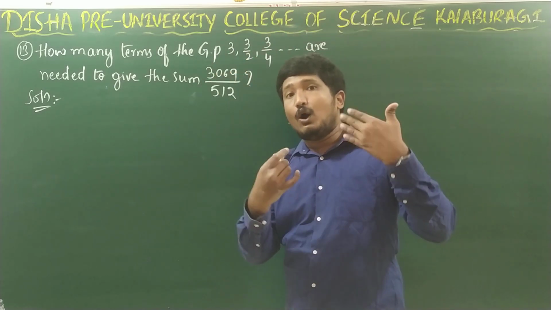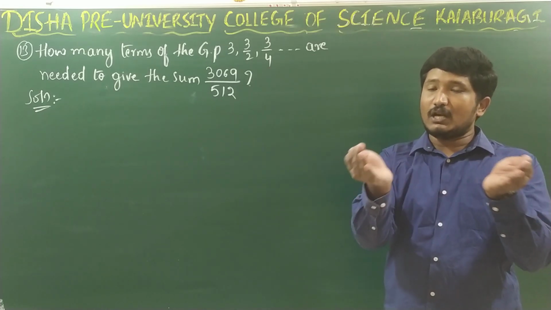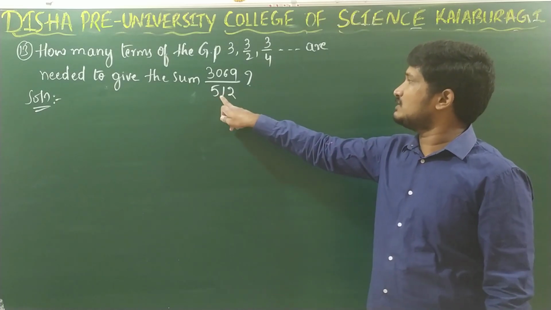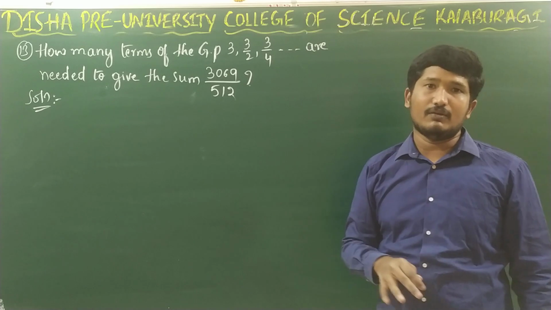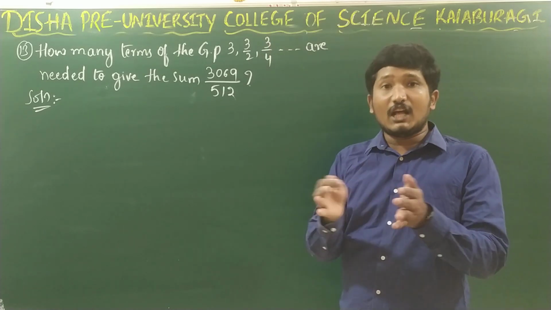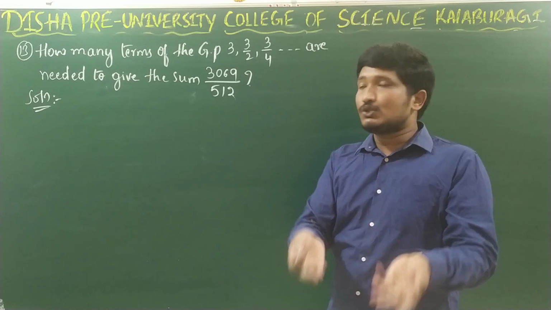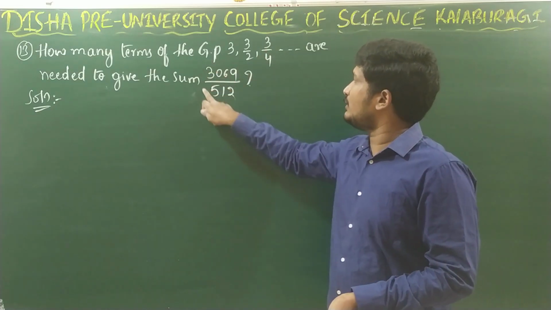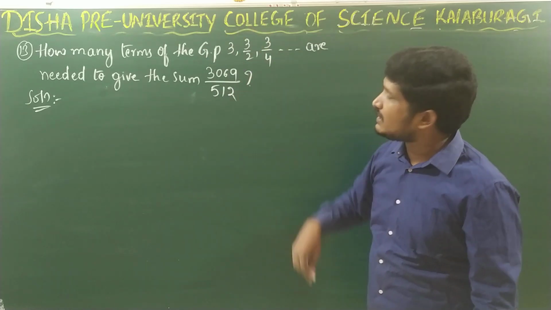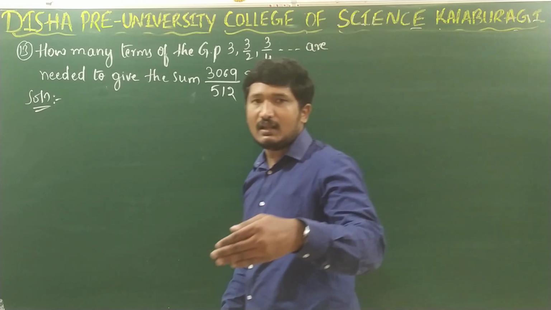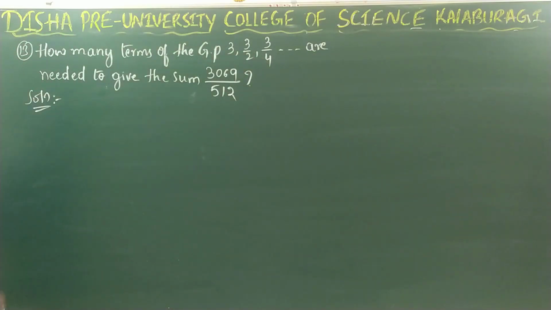That is, how many terms are required so that when you add all of them, your answer must be 3069 divided by 512. So how many terms, in the sense, what? We have to calculate the value for n. Right? So let us solve for that.